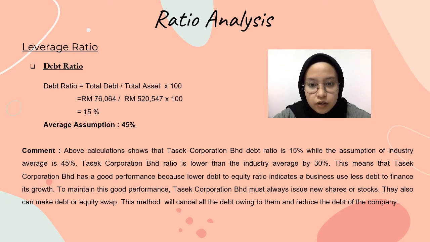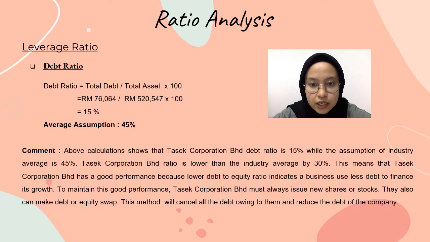So above calculation shows that Tasek Corporation Berhad debt ratio is 15%, while the assumption of industry average is 45%. Tasek Corporation Berhad ratio is lower than the industry average by 30%. This means that Tasek Corporation Berhad has a good performance because a lower debt to equity ratio indicates a business uses less debt to finance its growth.